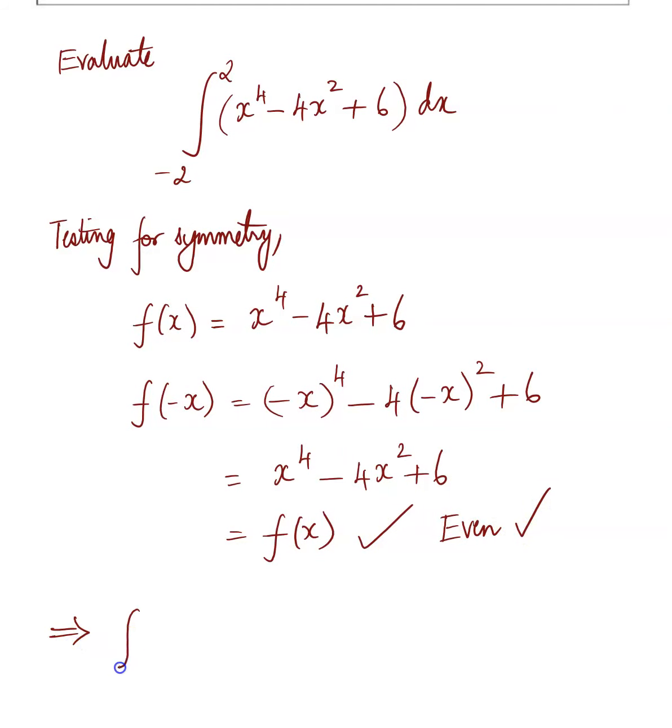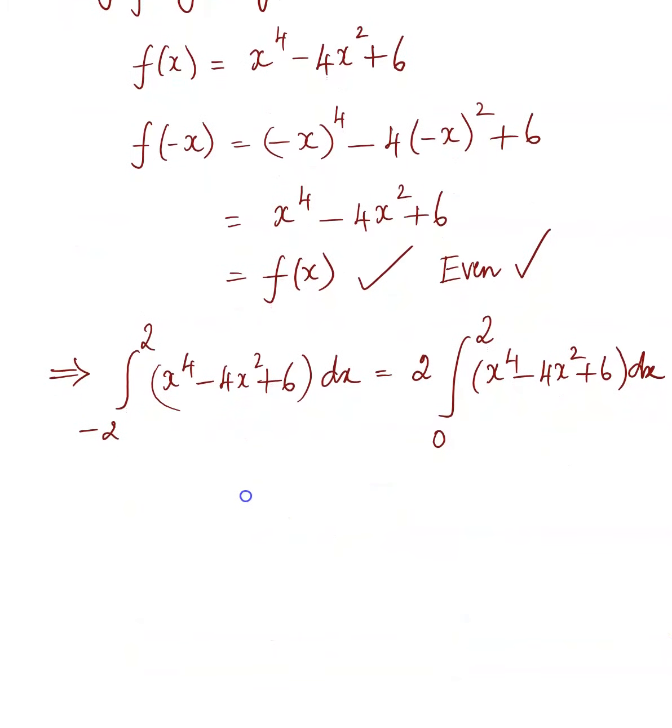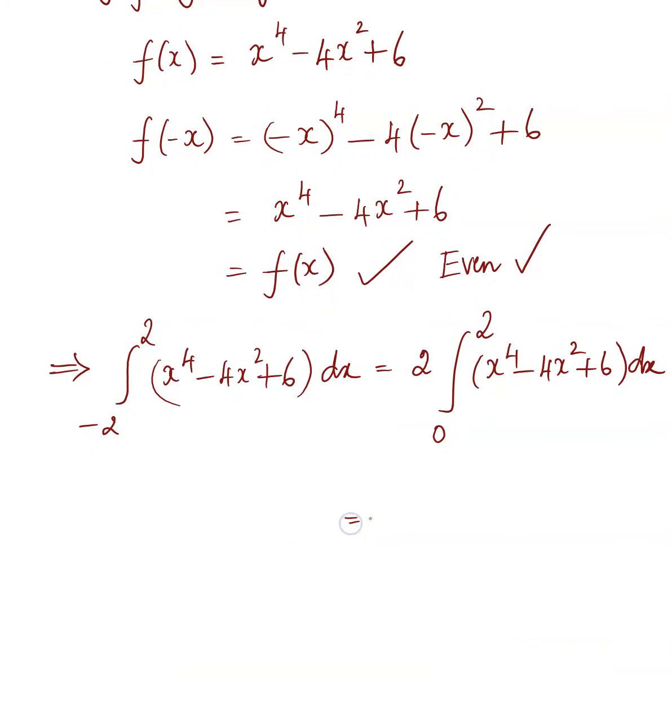Because of that, the integral from negative 2 to 2 of x to the power 4 minus 4x squared plus 6 dx will be the same as 2 times the integral from 0 to 2, 2 times half the area. I personally feel computationally there's not much of a difference, because instead of doing negative 2, you're doing the 0.